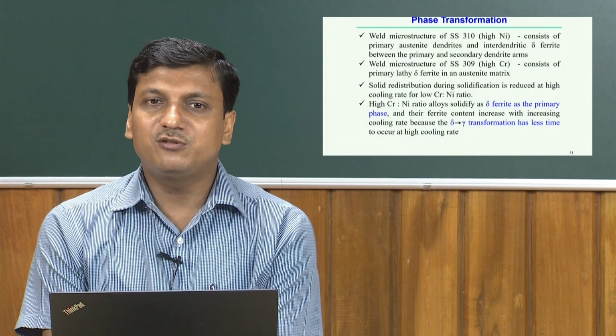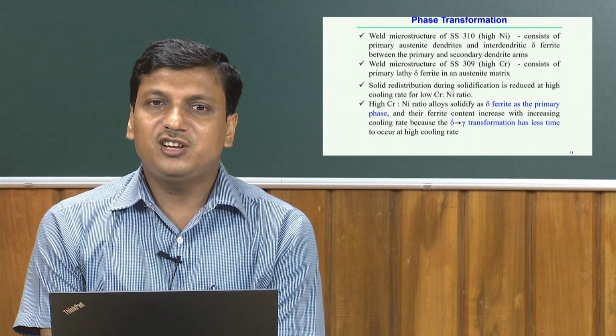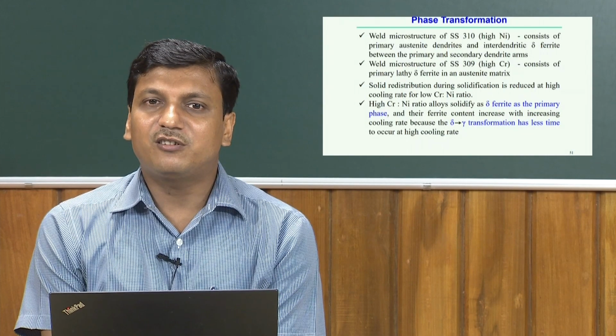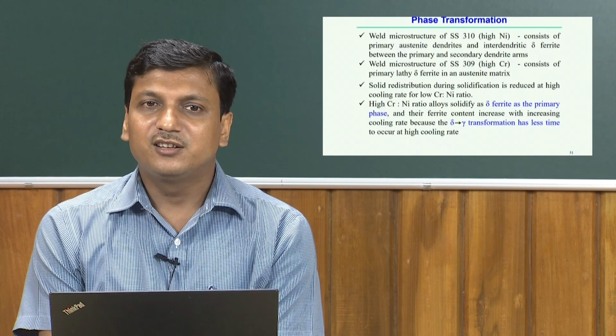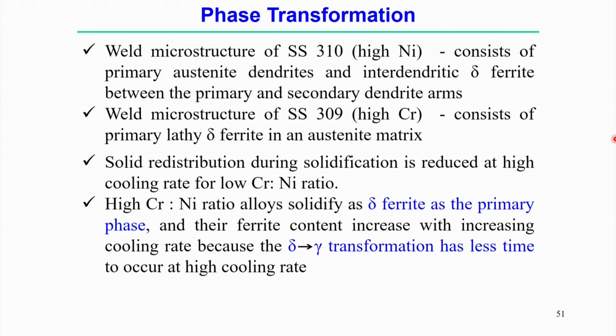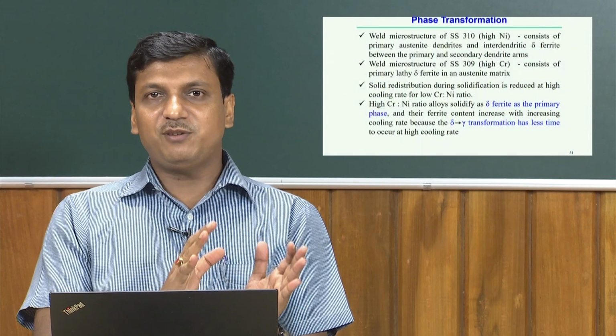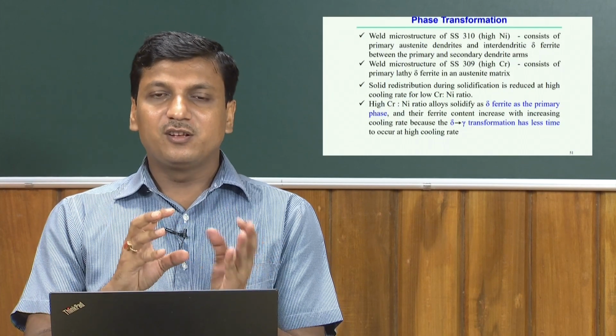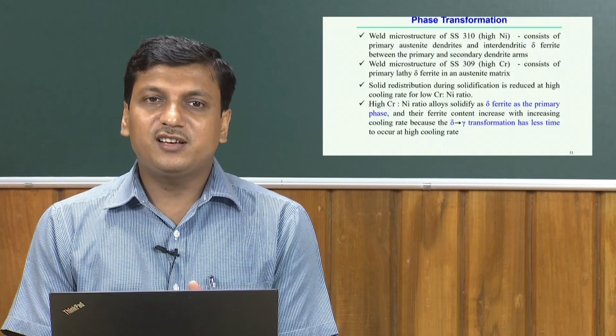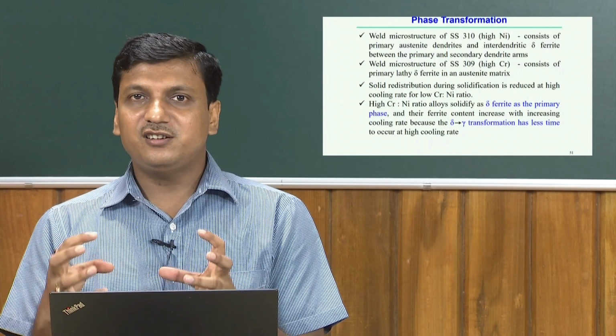For example, first if we look at stainless steel SS310, normally the nickel content is high in this type of stainless steel. The final microstructure consists of different phases like primary austenite dendrites and interdendritic delta ferrite between the primary and secondary dendritic arms. So the delta ferrite structure is also there along with the austenitic phase, but the delta ferrite mainly exists in the primary and secondary dendritic arms.